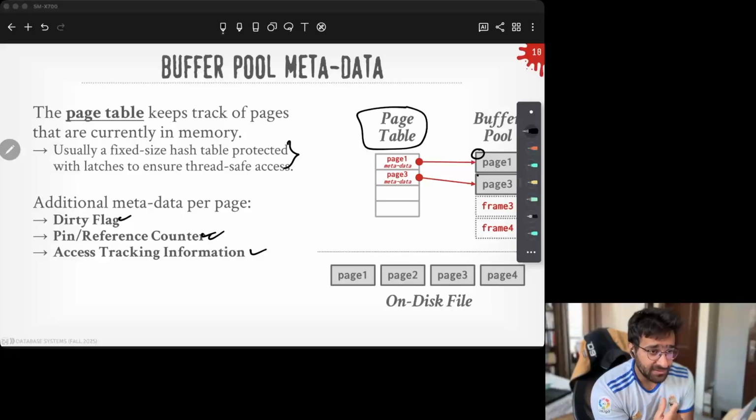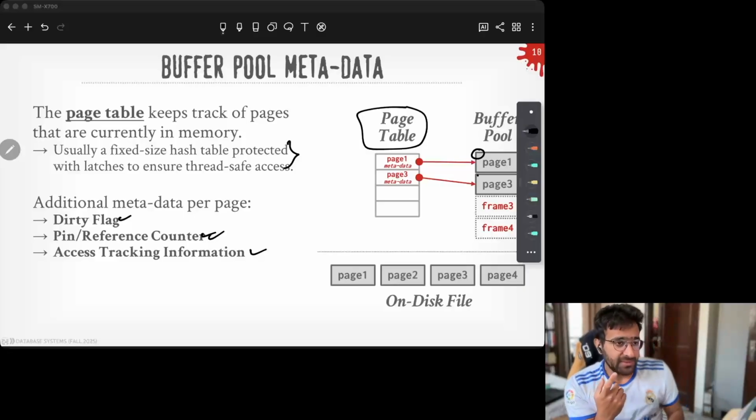A latch is different. Assume you have a B-tree on the disk, a physical data structure. When two threads are trying to access it, you hold a latch on that. You don't hold a lock. So a latch is associated with physical data structures. I hope I'm making sense.